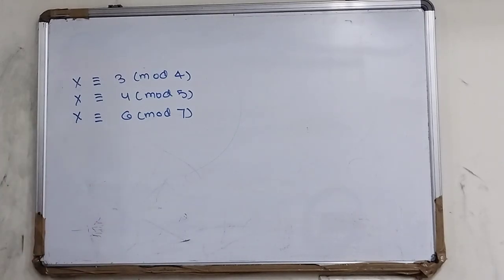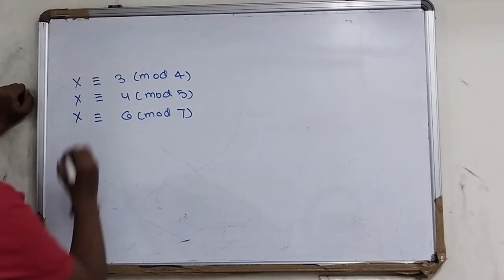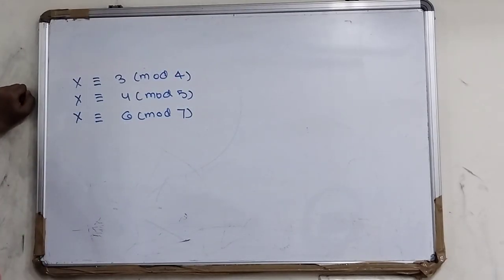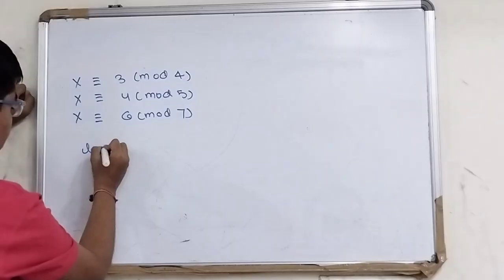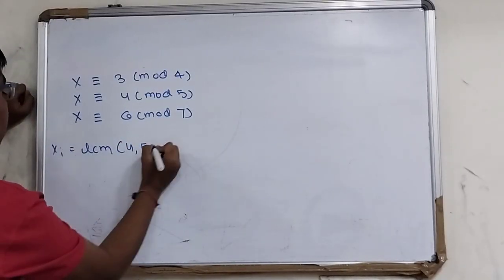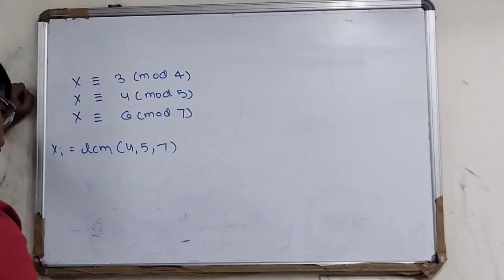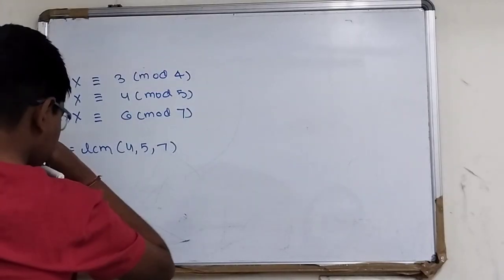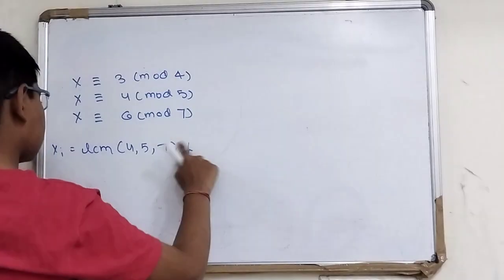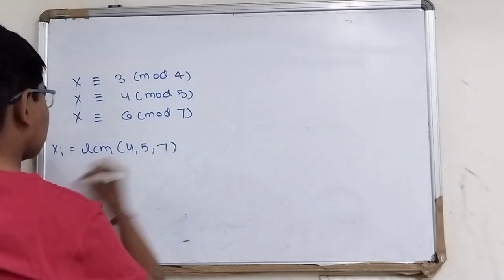Now we need to find the value of x here. According to my method, find the LCM of all these: 4, 5, 7. What is it? 140. LCM of 4, 5, 7, into k, minus t.